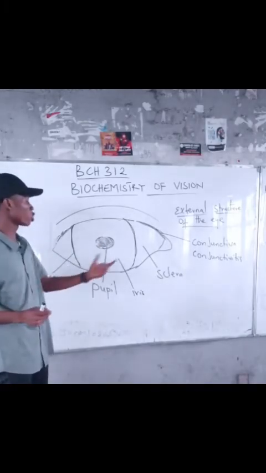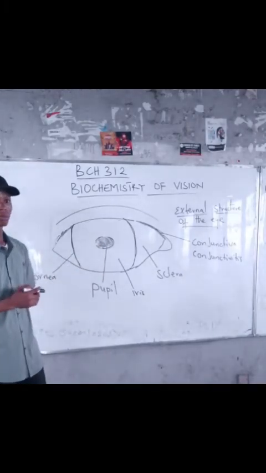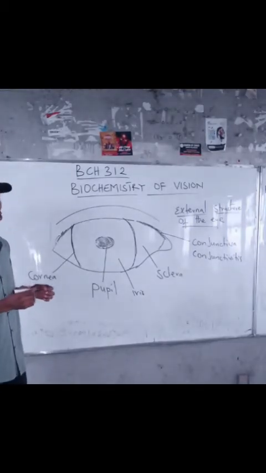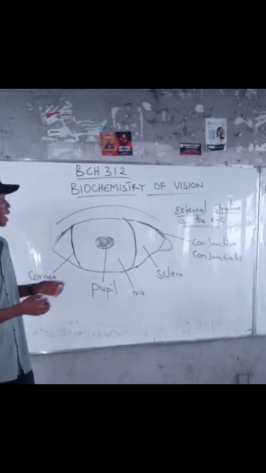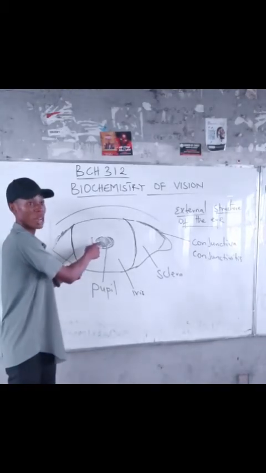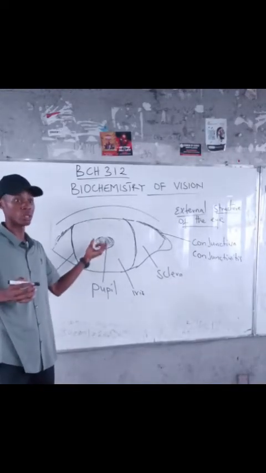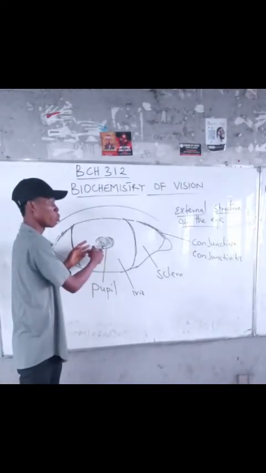So what's the function of the iris? It controls the intensity of light, and therefore it also controls the amount of light entering the pupil. So it controls the diameter of the pupil.